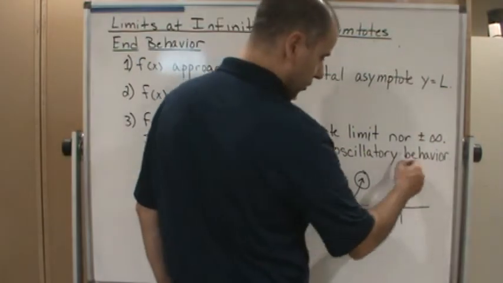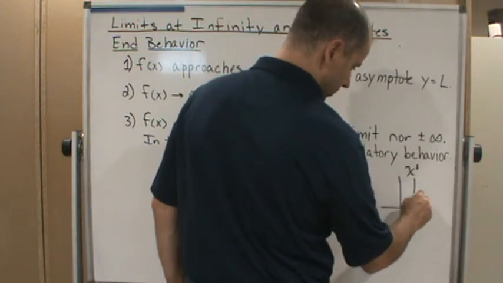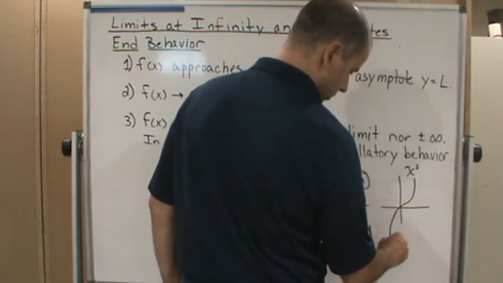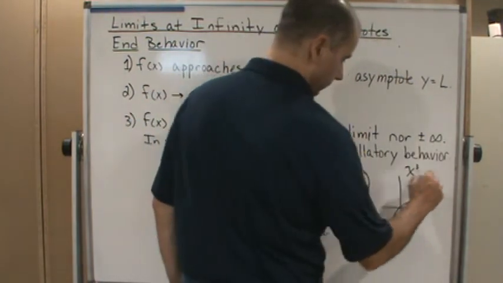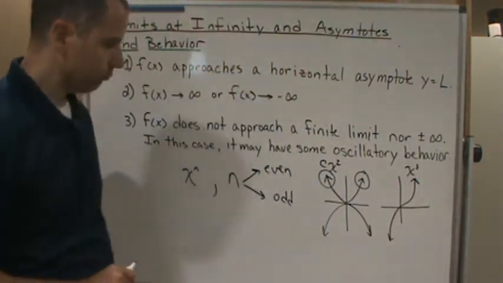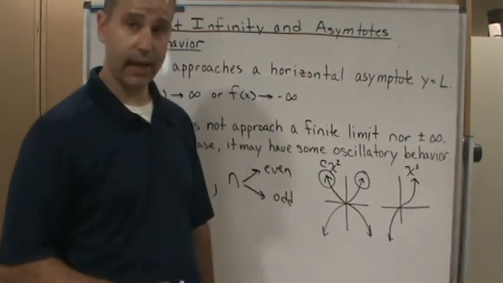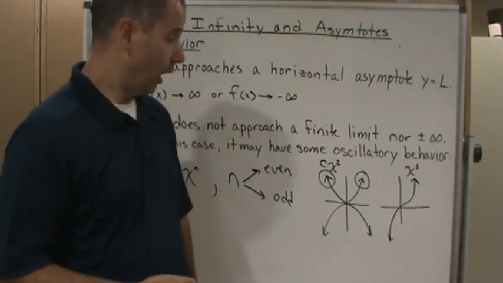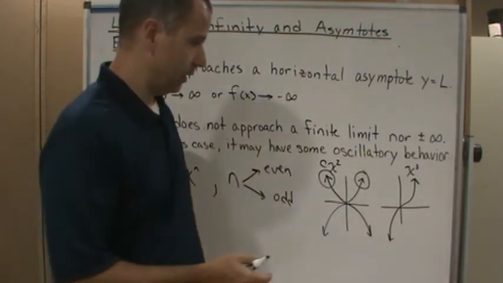Now, x cubed looks like this, right? So that's the x cubed function. So now, the thing is that all polynomials that have an odd degree are going to have opposite tails. So the end behavior is going opposite.